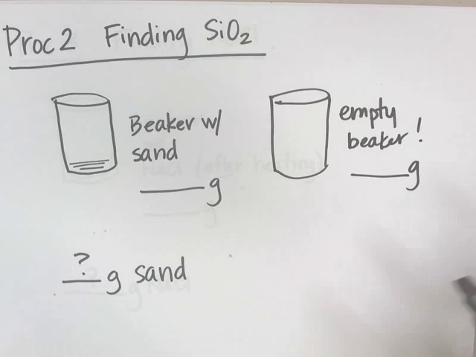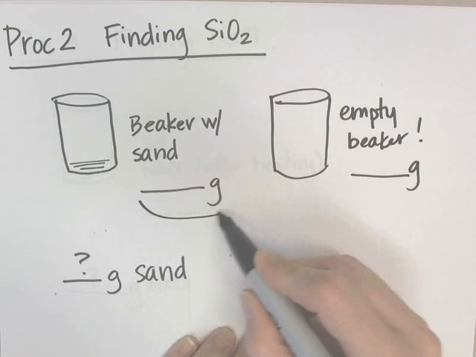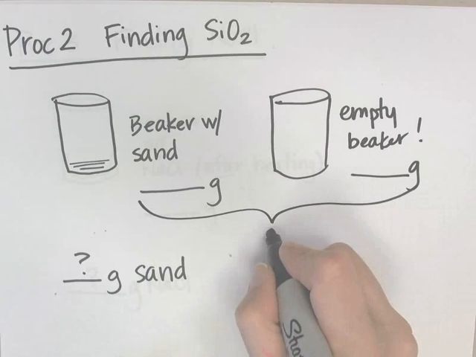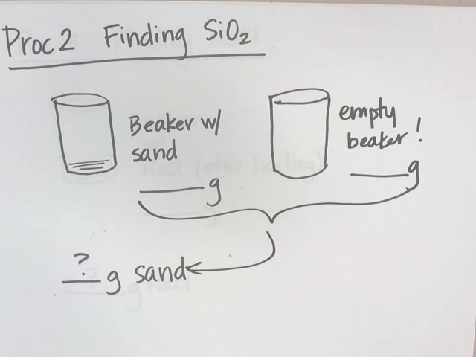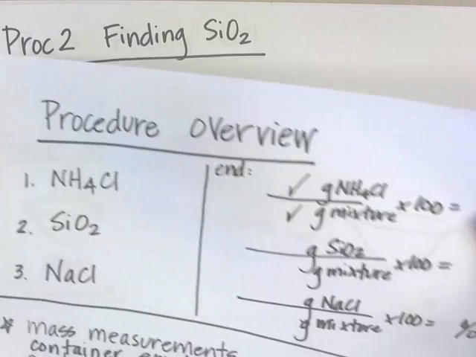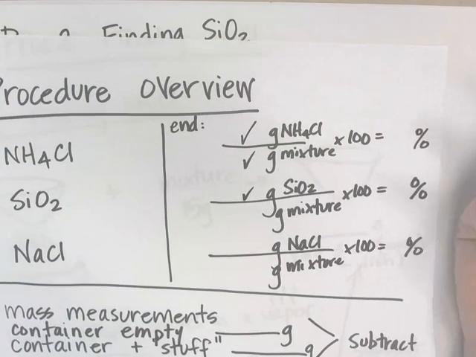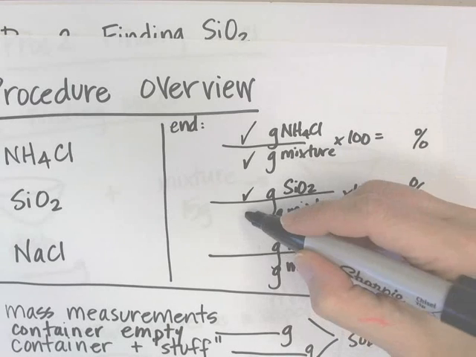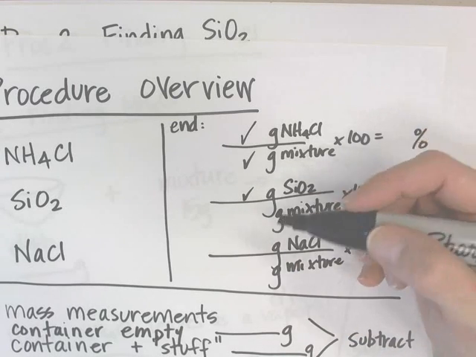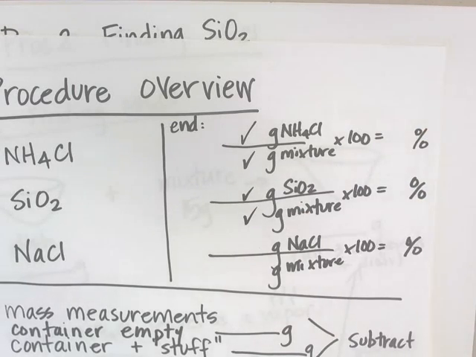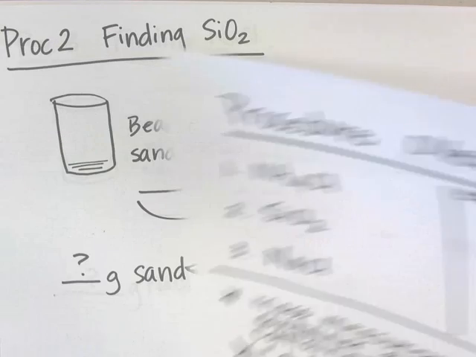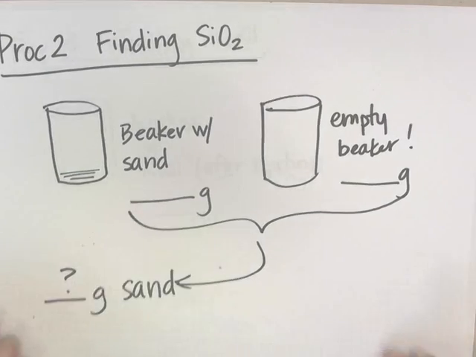That's not necessarily the case in the real world, but we'll take these two values and subtract, and that'll tell us how much sand is in our mixture. Again, that's a piece of information that we need to know, and we'll divide it by the mixture that we started with, the 15 grams or 12 grams or however much we're working with. And a second percent can be found.